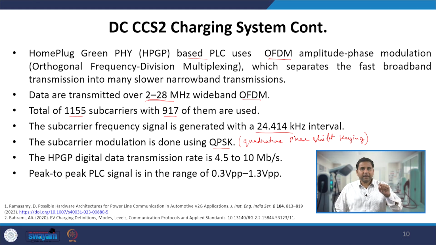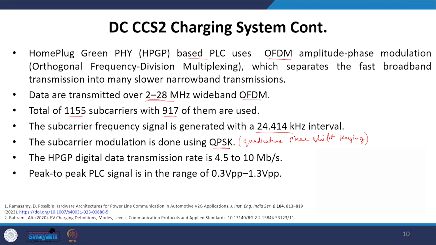So each subcarrier is modulated using the QPSK method, and the different subcarriers combined together are multiplexed using the OFDM method, and that signal will be superimposed onto the 1 kilohertz PWM. Now in HomePlug Green PHY, they also define the digital data transmission, which has to be between 4.5 to 10 Mbps.